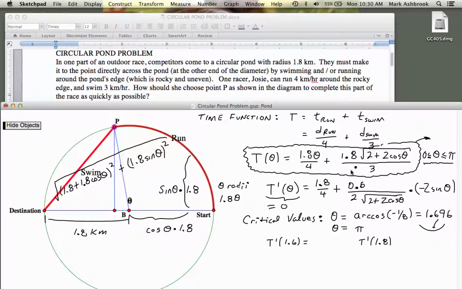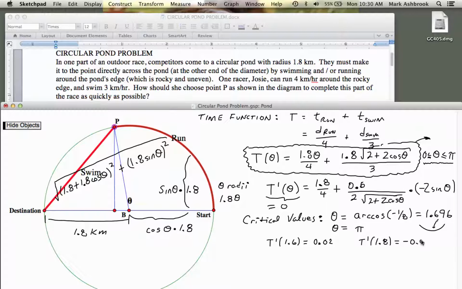If we were to put 1.6 into our derivative, we would get a value of 0.02, approximately. And if we put the 1.8 into the derivative, we get a value of approximately negative 0.02.